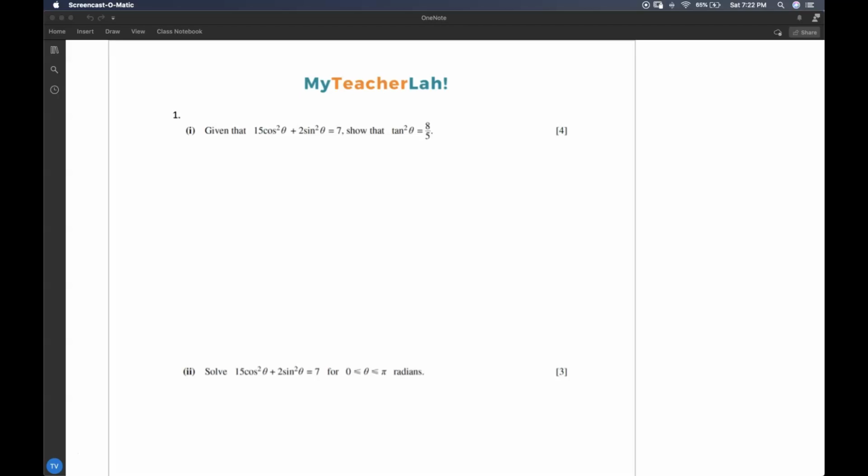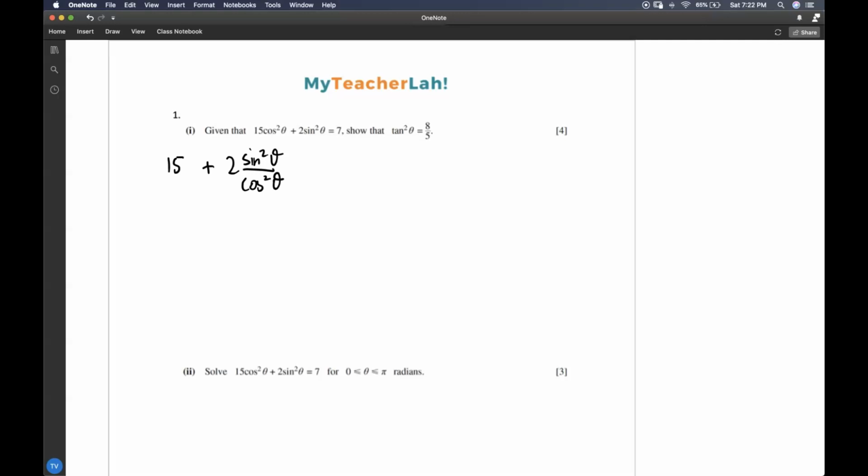So we'll start by first dividing all the terms by cos squared theta, which will make it look like this: 15 plus 2 sine squared theta over cos squared theta equals 7 over cos squared theta.